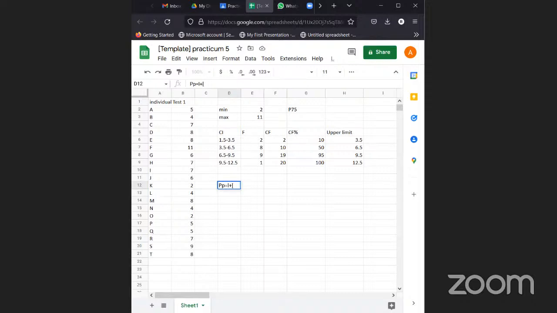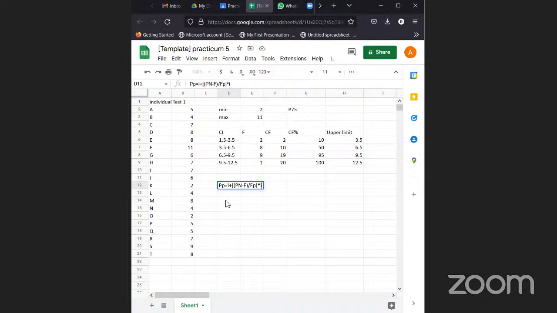Here, when we say Pn, we're talking about the percentile, minus capital F, let's close the bracket, divided by FP, let's close the next bracket, into I.